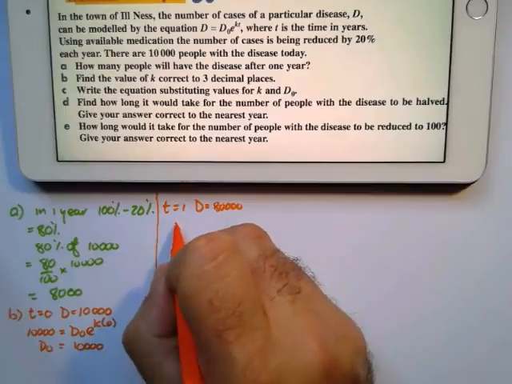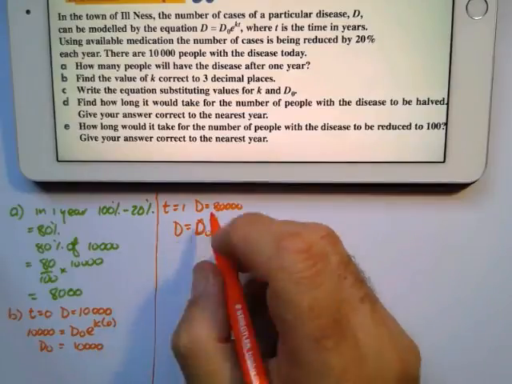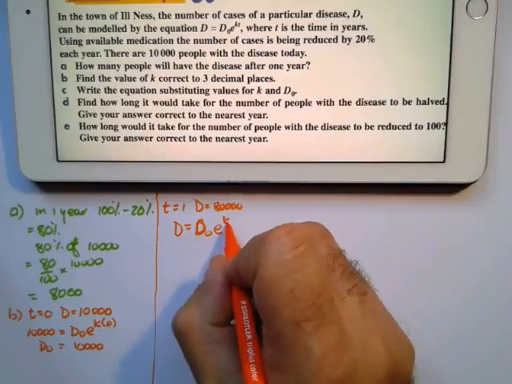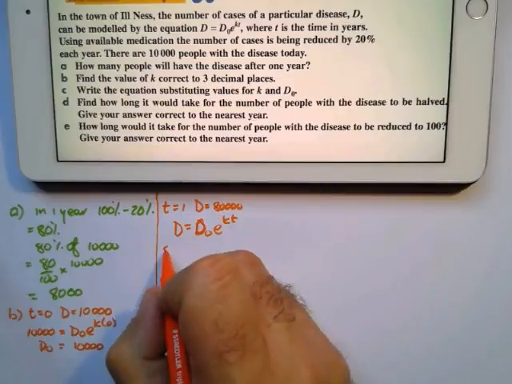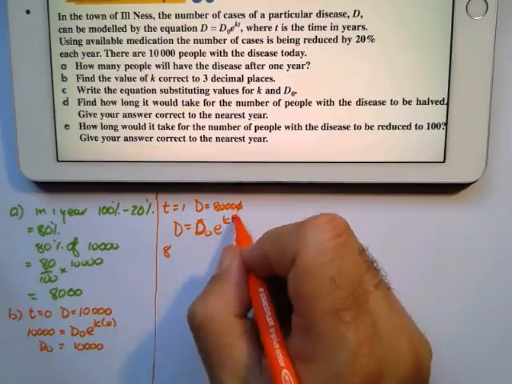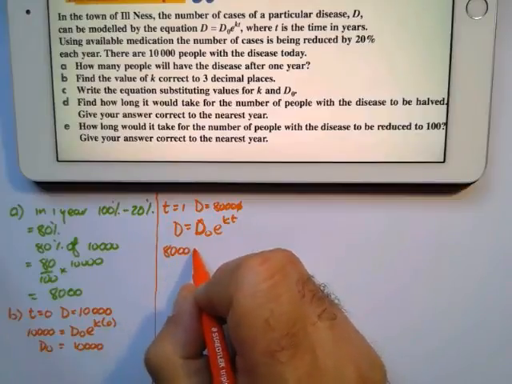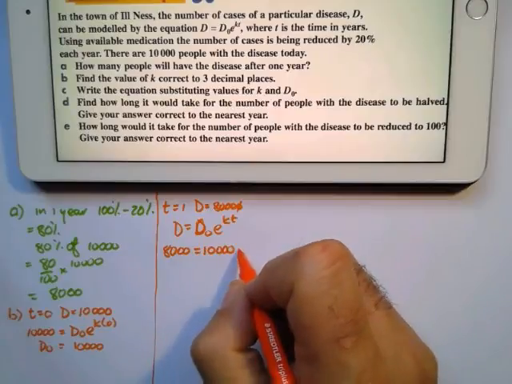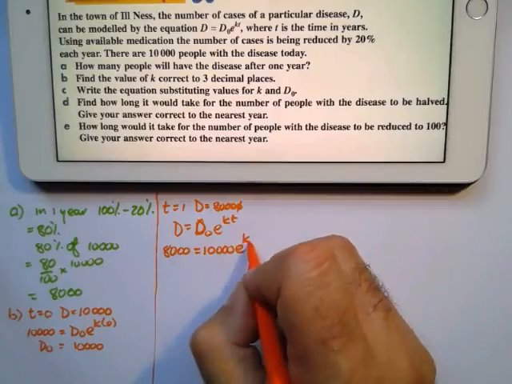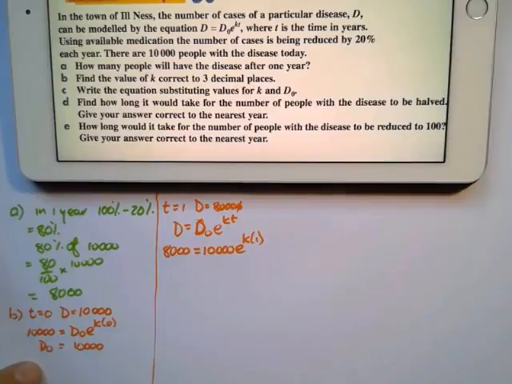D equals D0 e to the power kt. D is 8,000, oh sorry, that's not 80,000, that's 8,000. So 8,000 equals, we started off with 10,000, e to the power k, and the time, we said this is after 1 year, so that is 1.